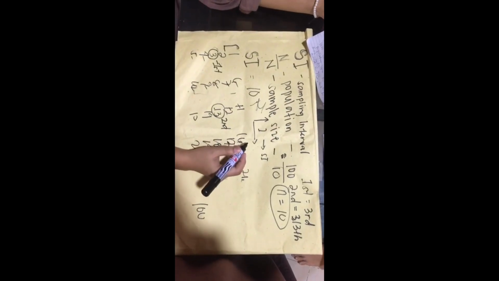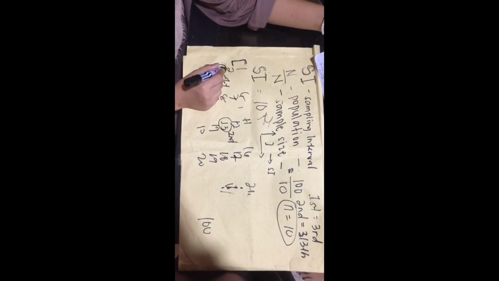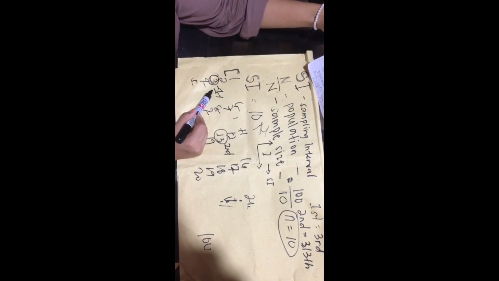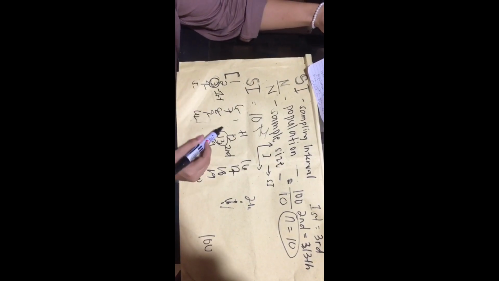Let's say from 1 to 10, you pick number 3 as your starting point, so this is also considered as your first sample. For the second sample, since your sampling interval is 10, you have to count to 10: 1, 2, 3, 4, 5, 6, 7, 8, 9, 10.